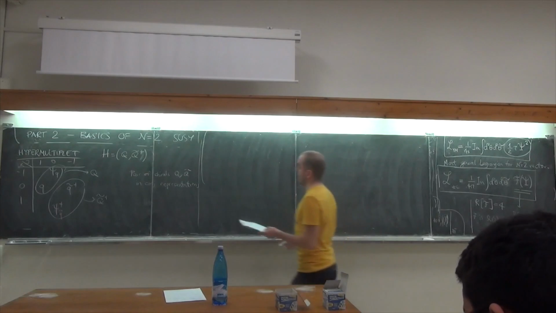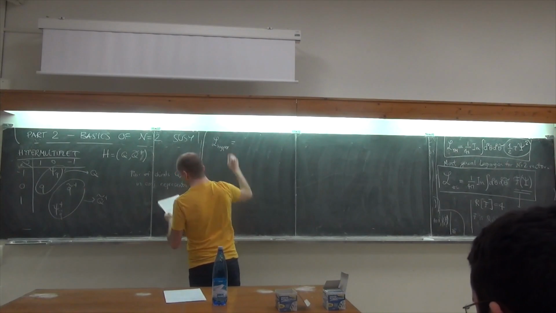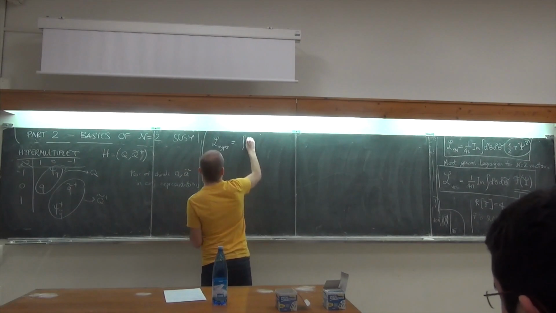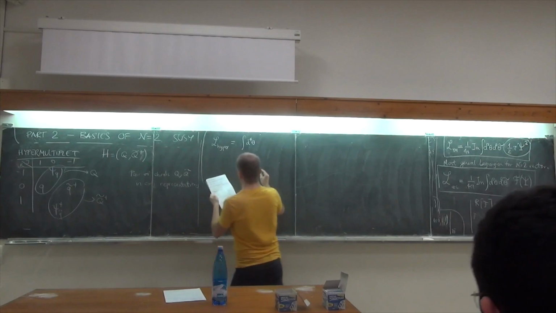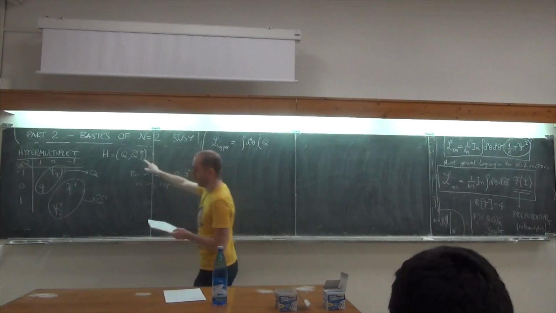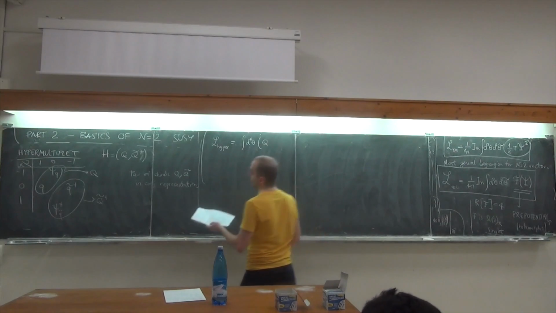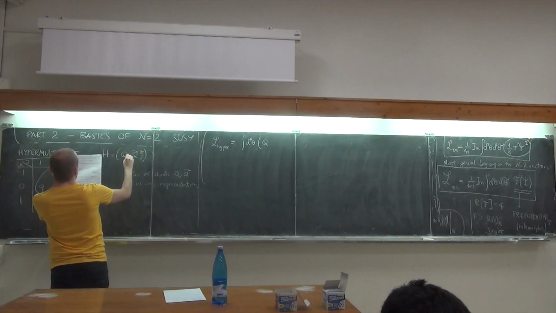And the Lagrangian, the N equal 2 Lagrangian for the hypermultiplet, again written in N equal 1 notation, has a kinetic term. So now let me consider several copies of hypermultiplets H, I'll use index I.